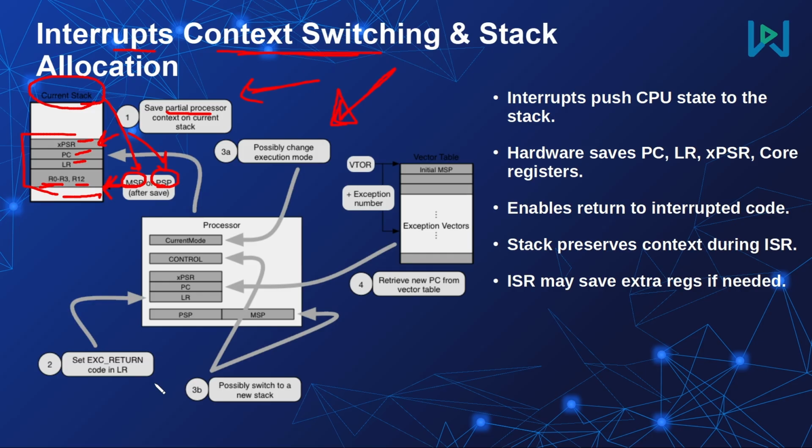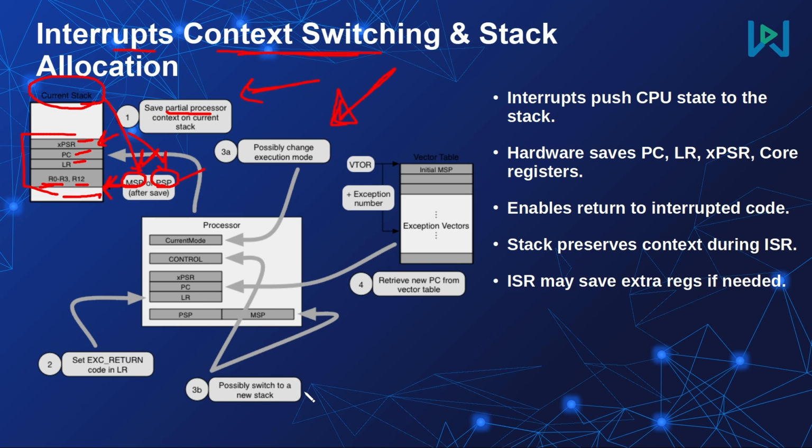Then of course, after we jump to our interrupt and exception handler, and depending on whether we have been executing using the process or the main stack pointer, the hardware may or may not switch the stack pointer in use.